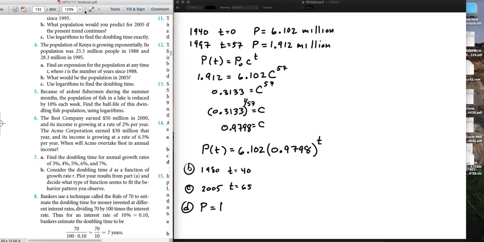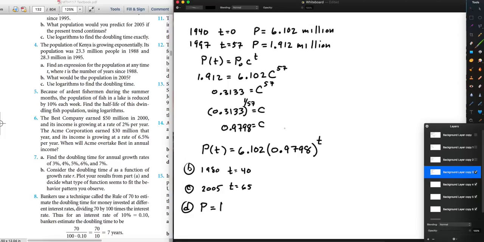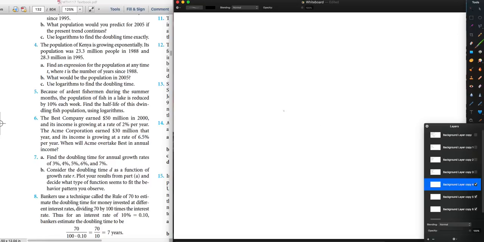So that means my R, my rate of decay, or growth rate, is negative 10%. So I'm going to say negative 0.10.